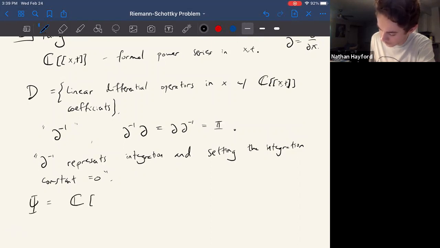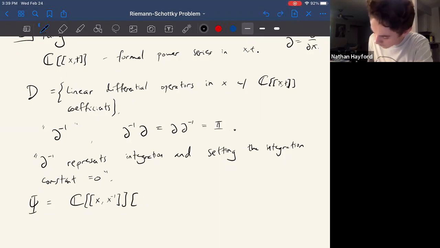It has C of x, t coefficients, and it is a ring itself over D and D inverse. And it should be, sorry, let me write it like this.